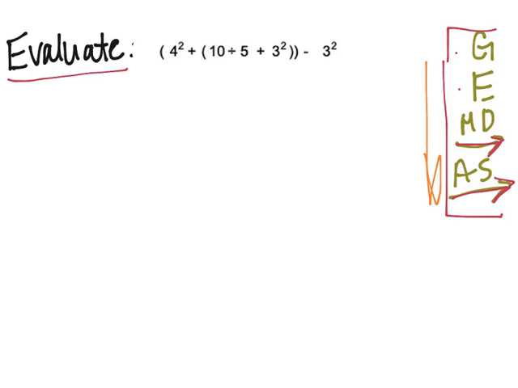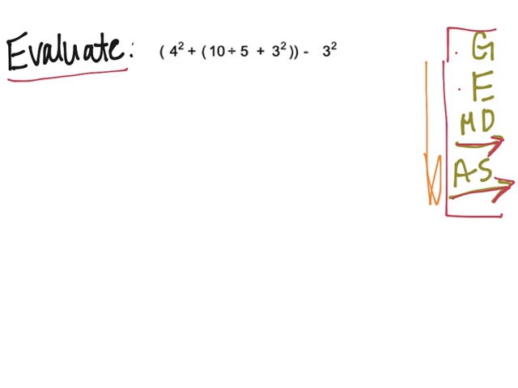All right, so if I am looking inside that innermost parentheses, I have 10 divided by 5 plus 3 squared. I know the order of operations tells me that I must evaluate my exponent first. So I know that 3 squared is the same as 3 times 3, which is equal to 9.